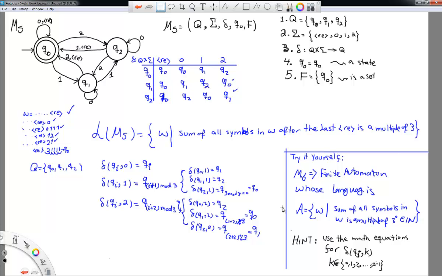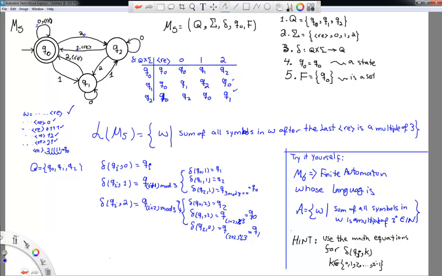So this is what we had from last time. The automaton M sub 5 that we talked about had four symbols. Symbols 0, 1, and 2 were numbers, and we treat them as numbers.